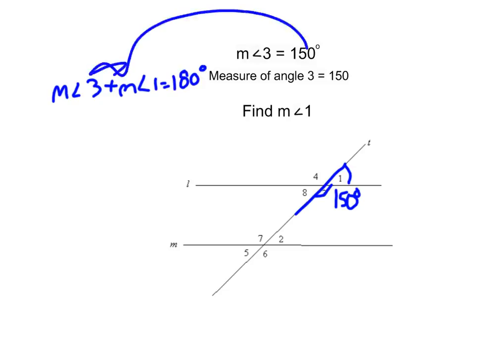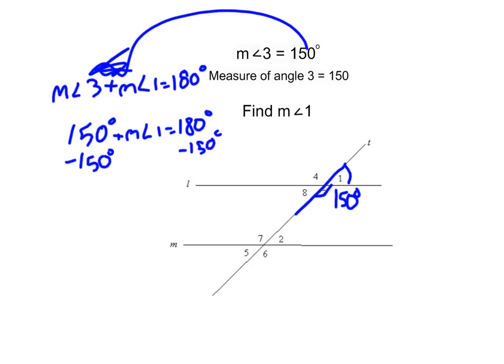For 3, I would have 150 plus the measure of angle 1 equals 180 degrees. Simple algebra again: I subtract 150 from both sides. I get the measure of angle 1 is 30 degrees, which is proven by the fact that linear pairs are equal to 180 degrees.